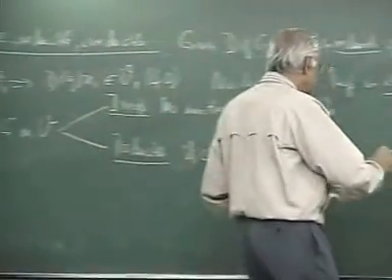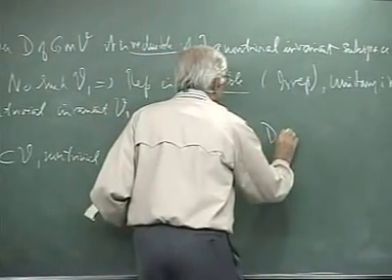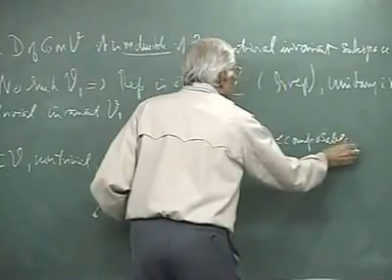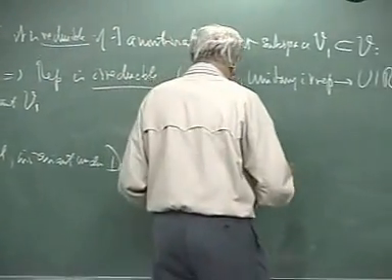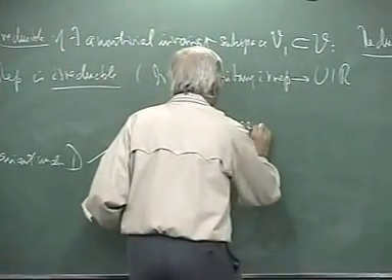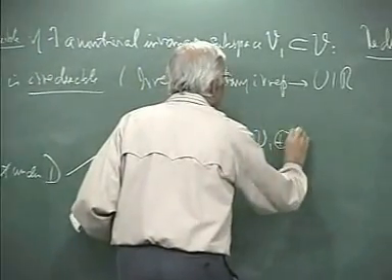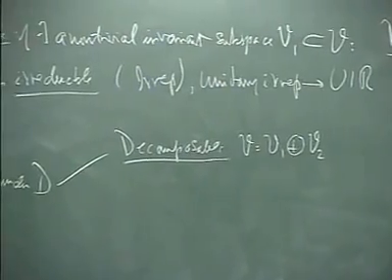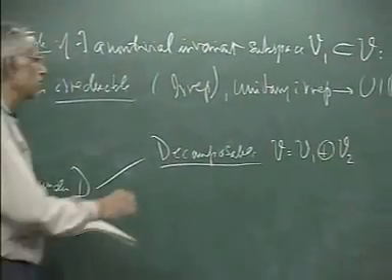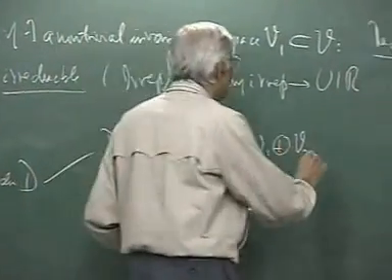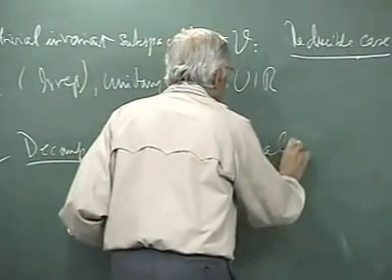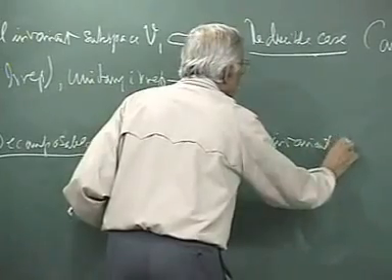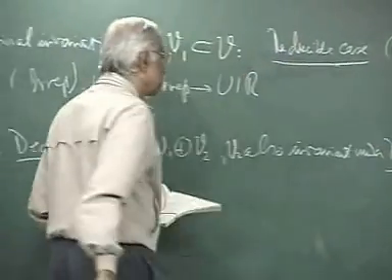Then you say, in the reducible case, it might be a decomposable representation. When is that? It is decomposable if I am able to write V as V1 plus some other subspace V2 in the form of a direct sum, V2 also invariant under the representation.